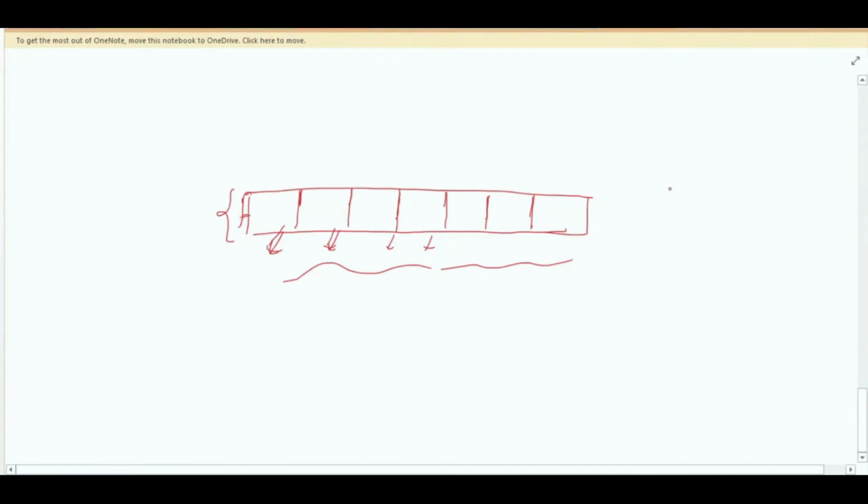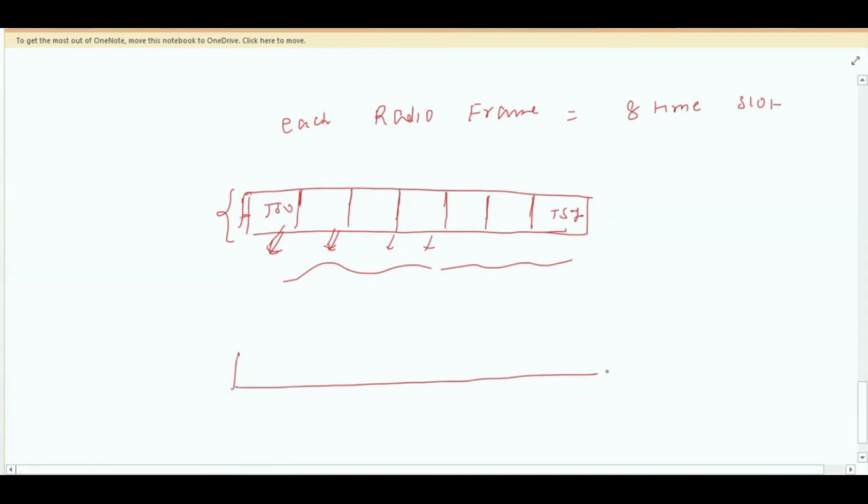In GSM, one radio frame has 8 time slots, TS0 to TS7. When we move to 3G, one radio frame has 15 time slots, TS0 to TS14.